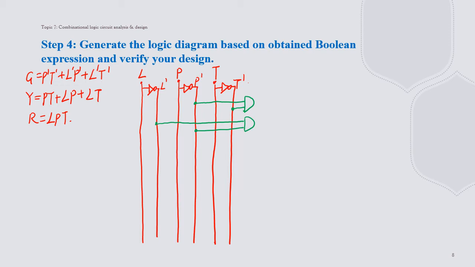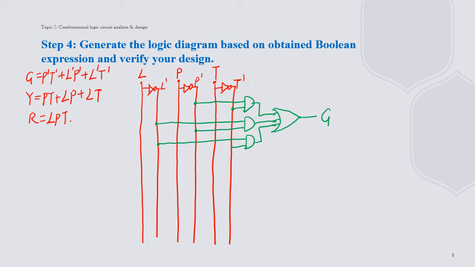And L prime, T prime. Right, so this function is SOP. So we have the product terms first, then we have the sum term using an OR gate, a 3-input OR gate. So this circuit will realize the green light.